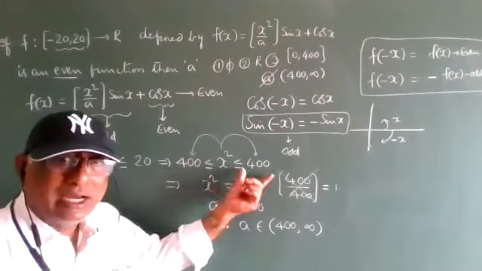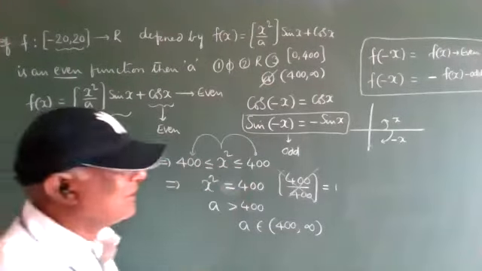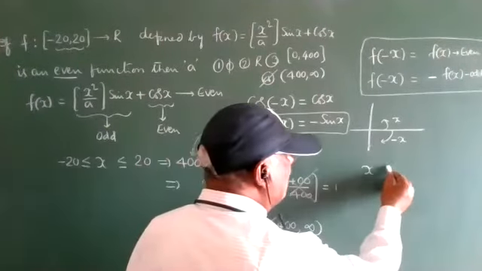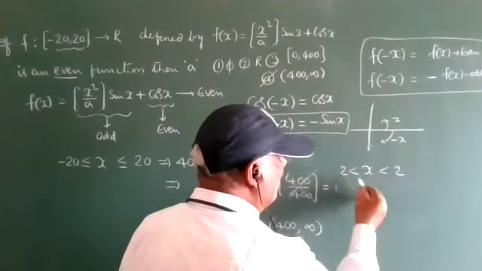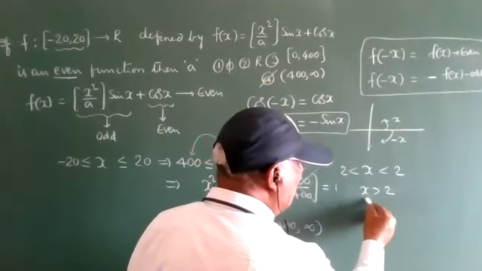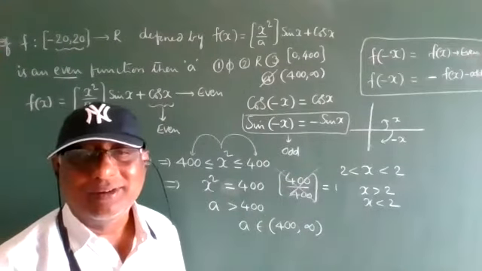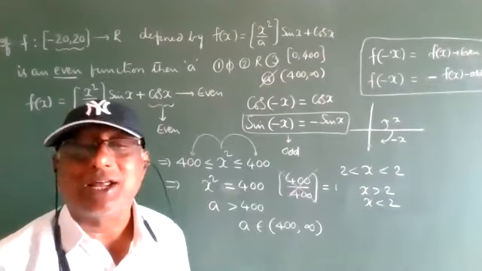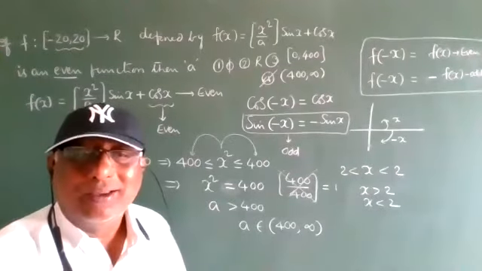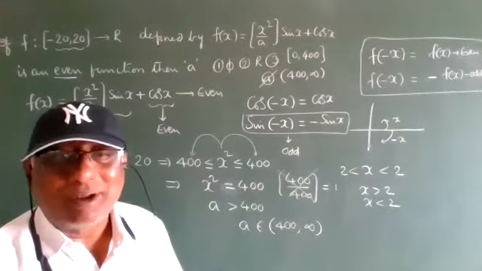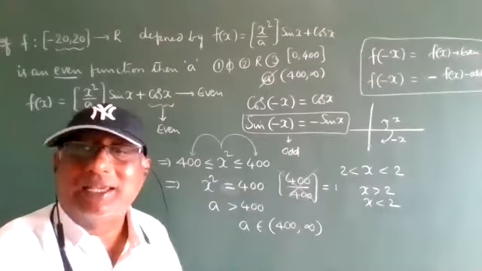The left side and right side are both the same value, right? So x less than 2 and x greater than 2 means x is greater than 2 and x is less than 2. What value is it? It is 2 only. It will never be greater than and less than at a time.